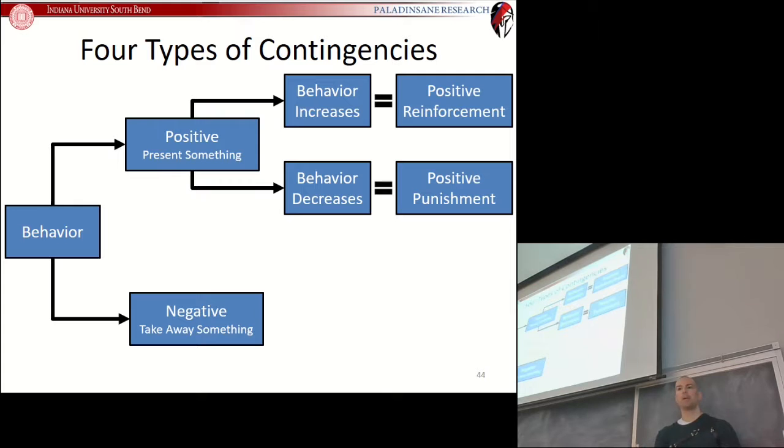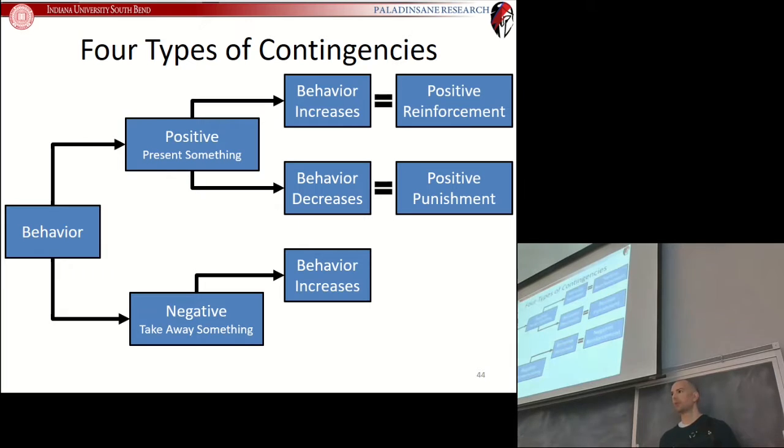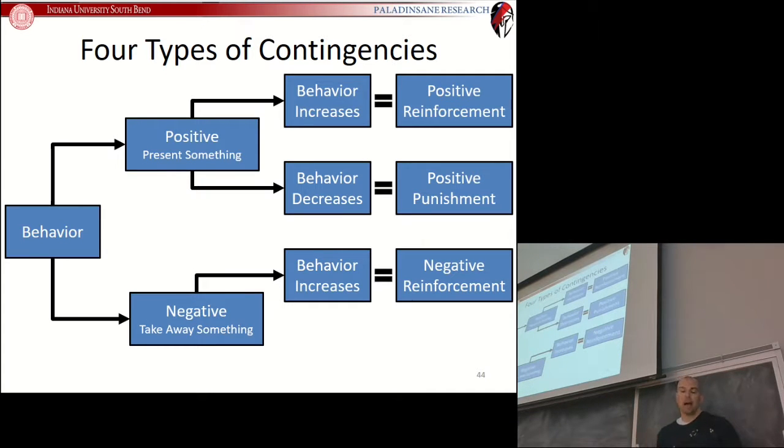All that negative means is that something is taken away. So the behavior occurs, and as a consequence of that behavior, something is taken away. If taking away something leads to an increase in that behavior in the future, then that is negative reinforcement. Negative because you took something away, reinforcement because it led to an increase in the probability of that behavior.